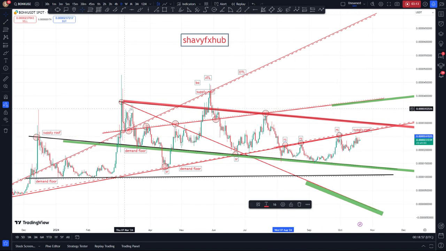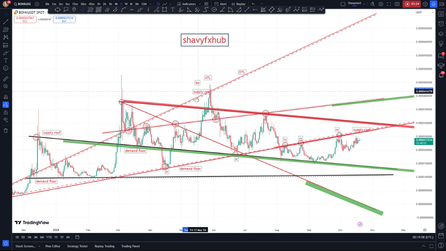And when we look from the upside, we have a resistance structure, a breakout of a resistance structure, meeting up with an ascending trend line where we have a supply roof, which was also respected. And price made its way down and failed to break another supply roof.